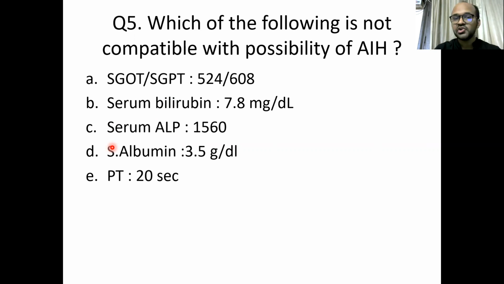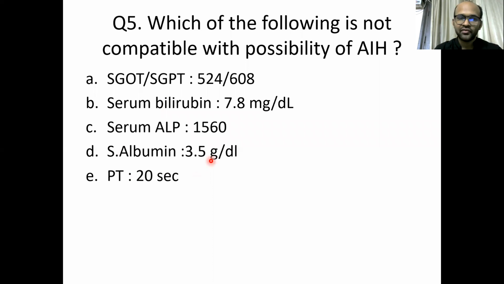If you have marked elevation of alkaline phosphatase in a patient with autoimmune hepatitis, you will call it overlap syndrome. In 10% of autoimmune hepatitis patients, you can have overlap syndrome. In that case, you will have markedly elevated ALP. Otherwise, in autoimmune hepatitis per se, you have only modest elevation of alkaline phosphatase, right?